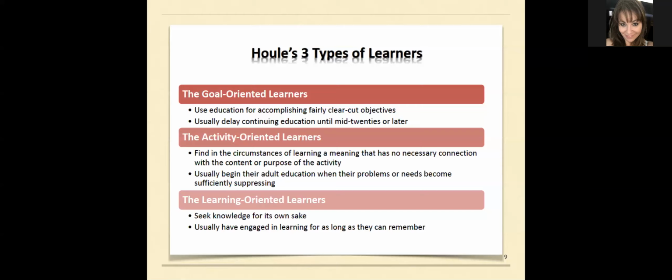So it's activity based, but it's also looking beyond the actual activity to the larger purpose of the activity. And then, the fact that we seek knowledge for its own sake. Hull found that all the adults he interviewed in his book, he conducted many interviews, had three basic learning orientations: goal-oriented, activity-oriented, and learner-oriented. He gathered these three types of learners from years and years of his own interviews with learners.